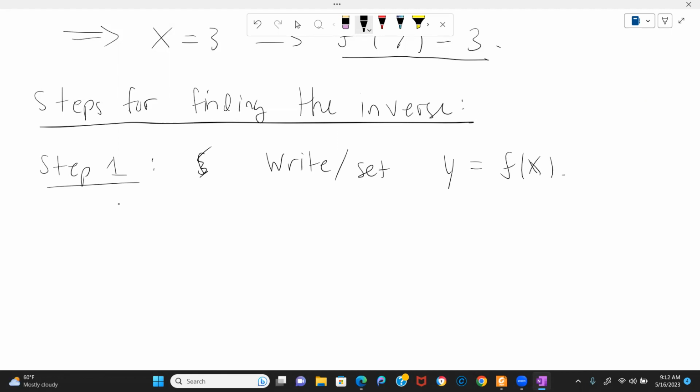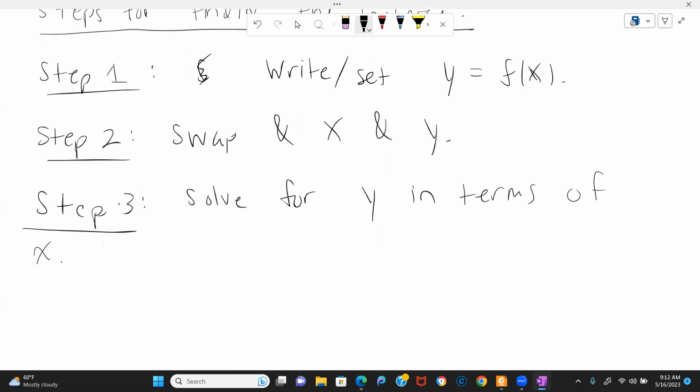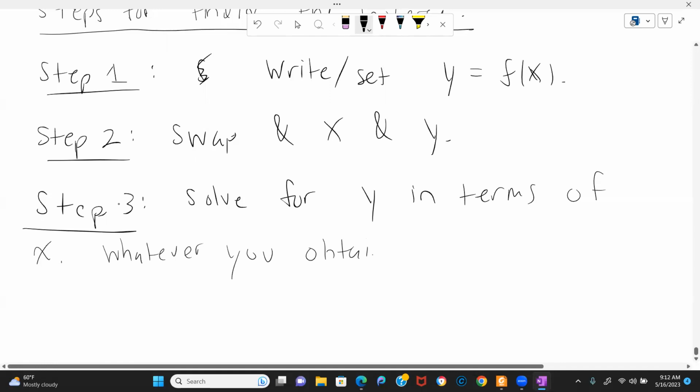Step two is you're going to swap x and y. And then step three is you're going to solve for y in terms of x. And whatever you obtain is just f inverse. That'll be your function.